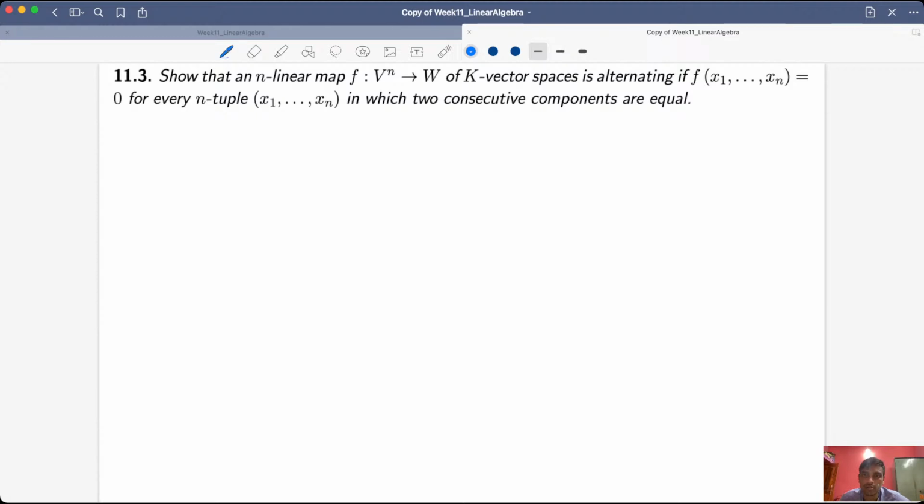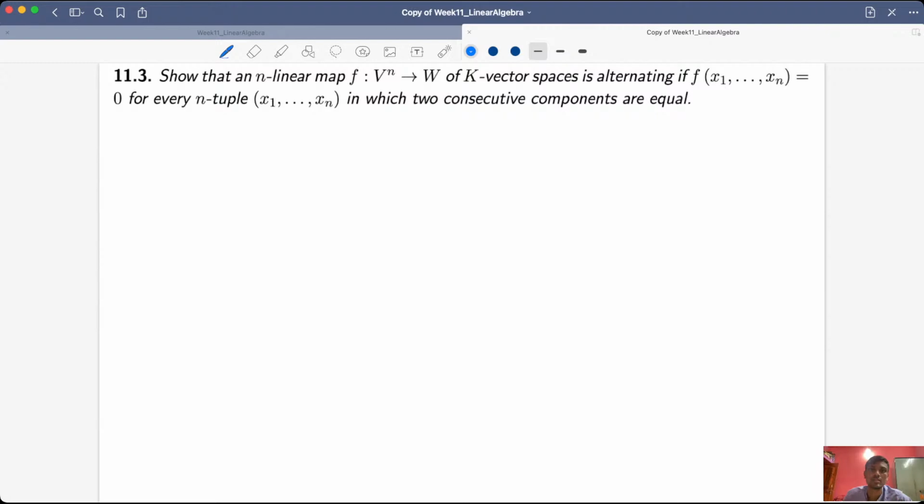Next, for the alternating maps, you know sigma of f equals the sign of sigma times f, but the alternating definition is that when any two terms are equal, then the value should be 0. That is the equivalent condition that was proved in class.